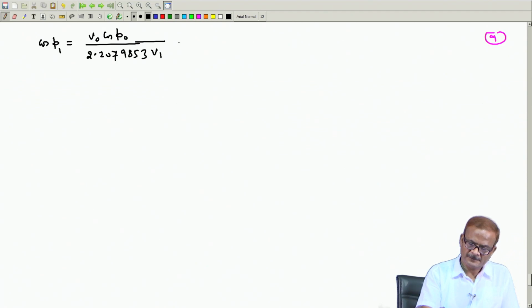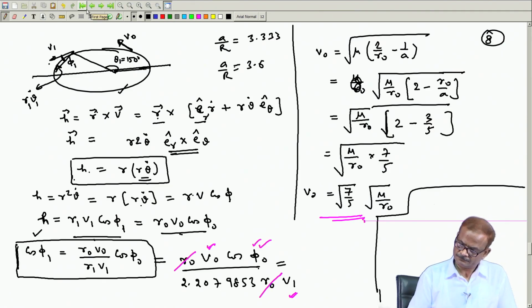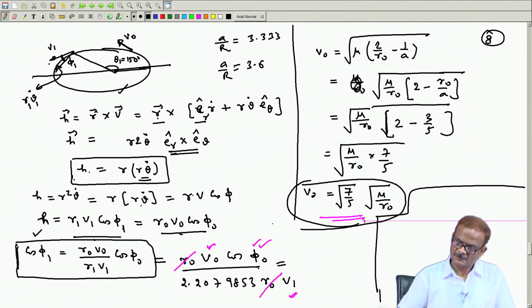V 0 we have already determined, this is our V 0 here. So we should be able to work out this problem.